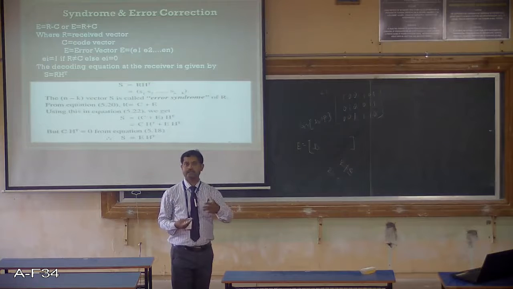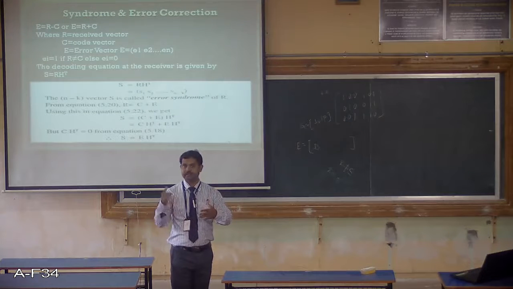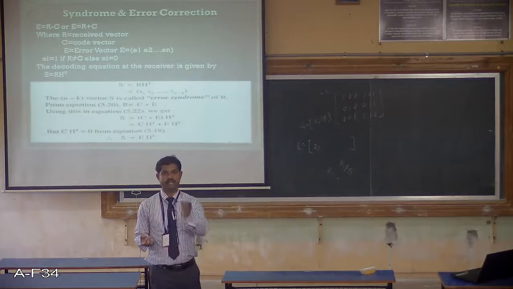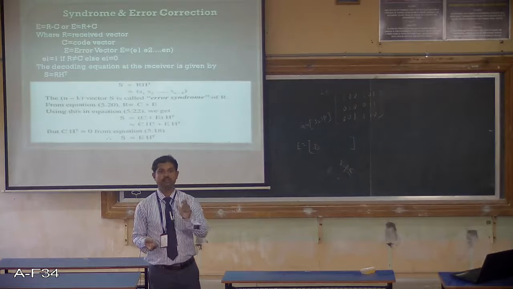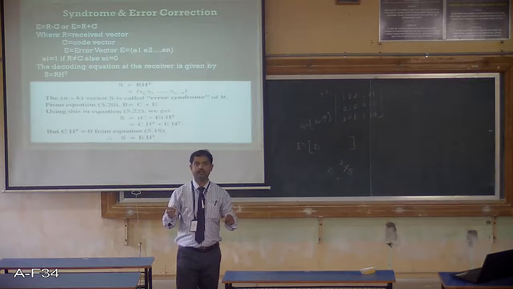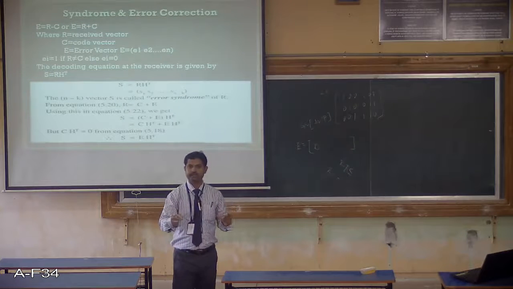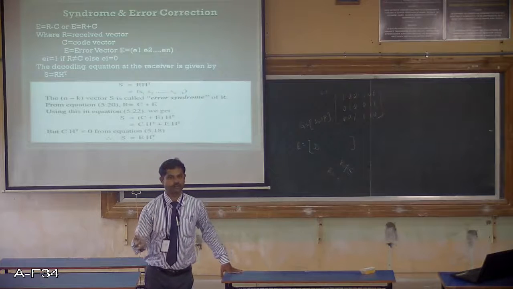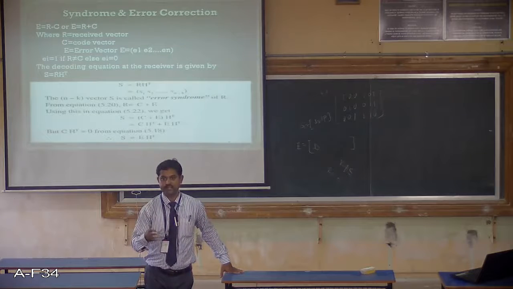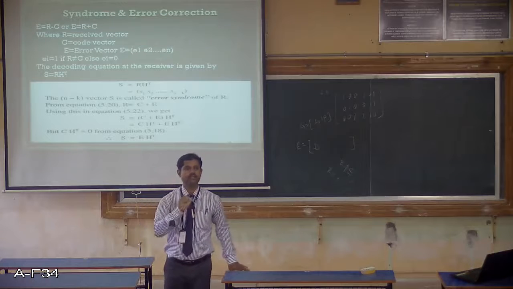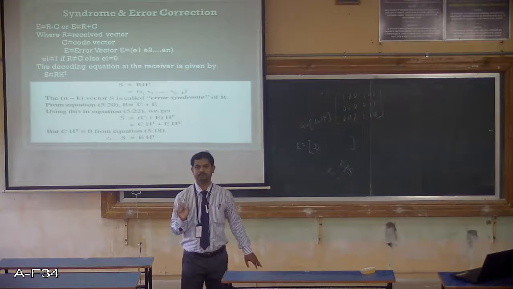The received sequence is available at the receiver side. If you multiply that with the parity check matrix, I will get a syndrome S. That S indicates whether there is an error in the received sequence or not. If there is an error, it will tell you in which bit position the error is. That's the reason I need to find the syndrome.